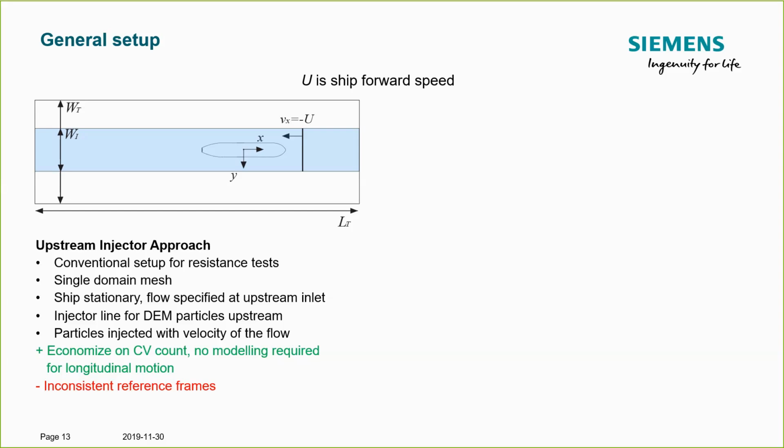The drawback of this approach is that, technically speaking, this is an inconsistent reference frame, because upon injection of the ice particles at some point between the bow and the inlet of the domain, the ice particles are already free to interact with each other and transport and exchange momentum.